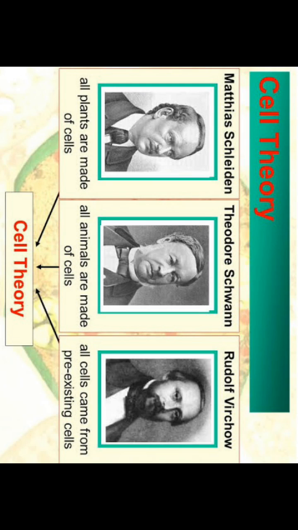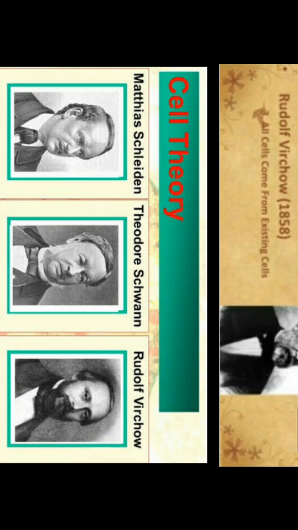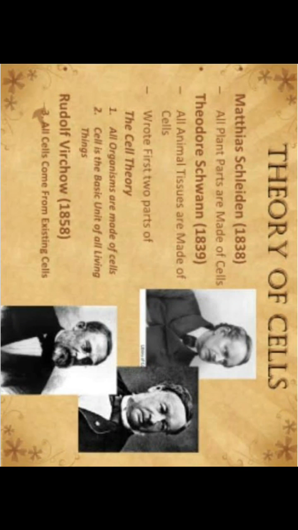But cells arise from pre-existing cells, scientifically called omnis cellula e cellula, proposed by Rudolf Virchow. See the images on the screen, three scientists together in one single frame. So three scientists formulated a theory called cell theory.